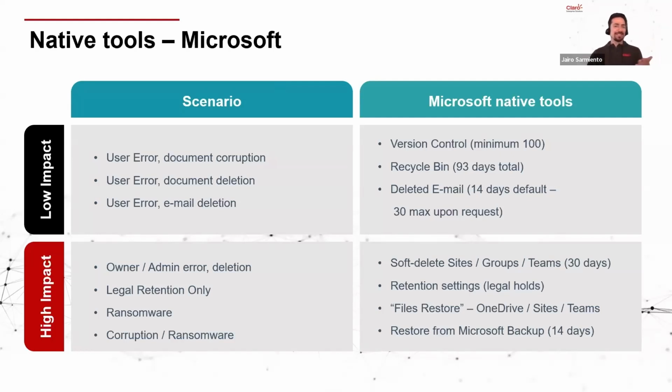Did you know that if a document is corrupted, for example, because a user made a mistake, you can only recover 100 versions of that document? Every time you are working on an Excel document or a Word document, you're creating multiple versions of it.